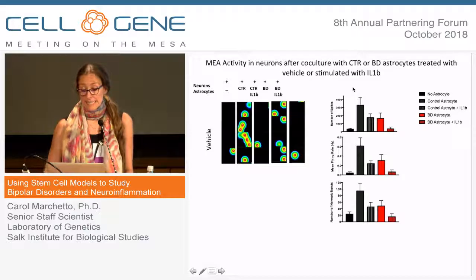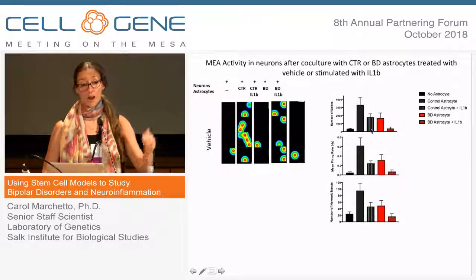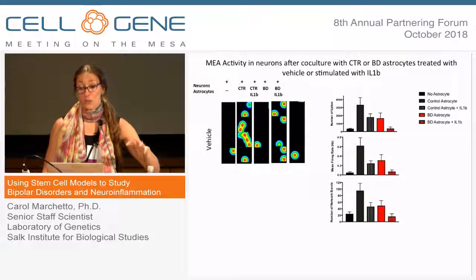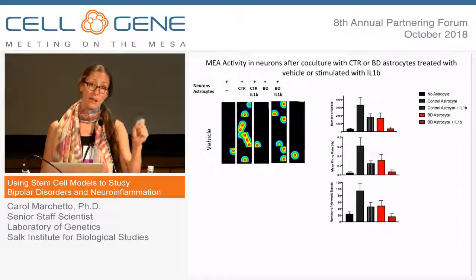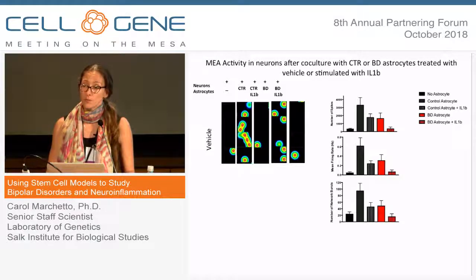And at the BD level, when you co-culture the same population of neurons with bipolar astrocytes, we see a decrease in activity. And then when we pre-treat those bipolar astrocytes with IL-1 beta, we see an even bigger, stronger decrease in activity.